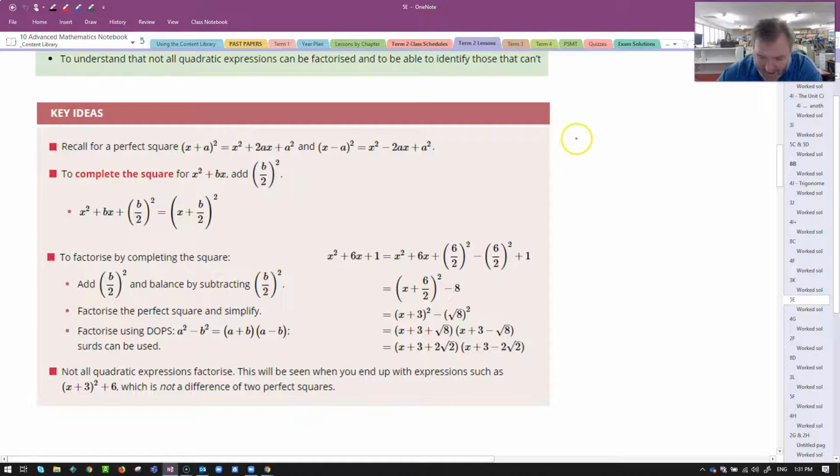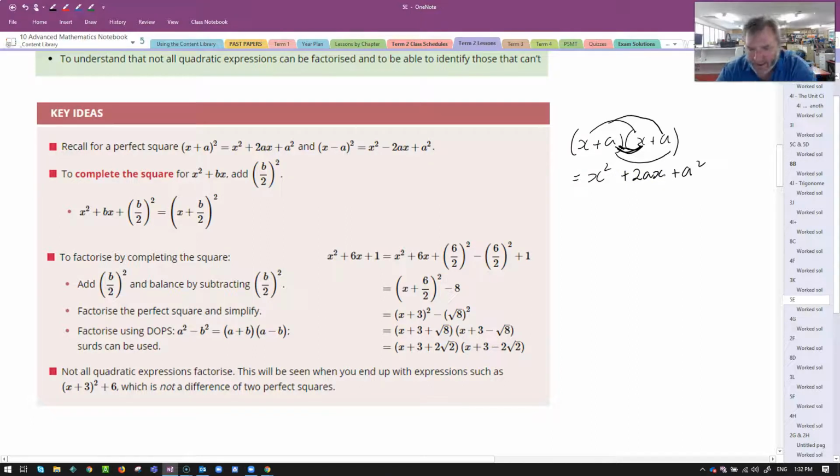If I wrote this out in expanded form, if I had x plus a multiplied by x plus a, the x squared's obvious, and the a squared is obvious. But remember that 2xa, there's 1x multiplied by a there, and there's 1a multiplied by x there. So that's twice that I have the product of a and x.